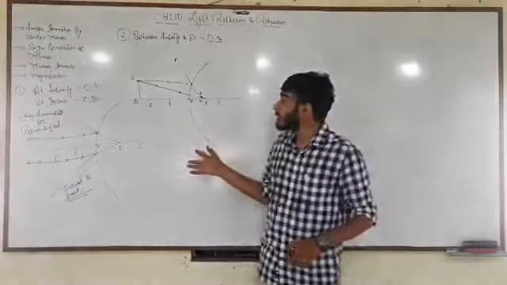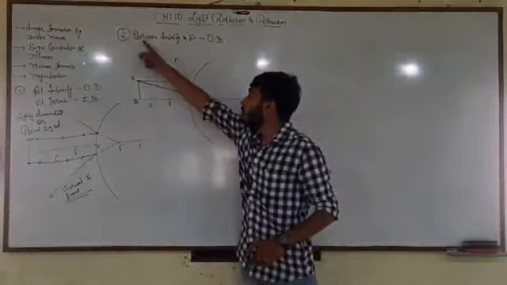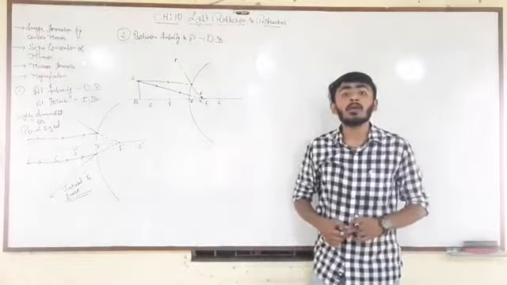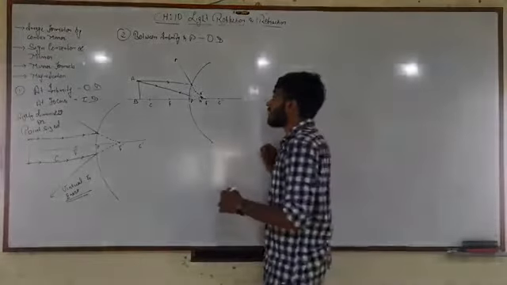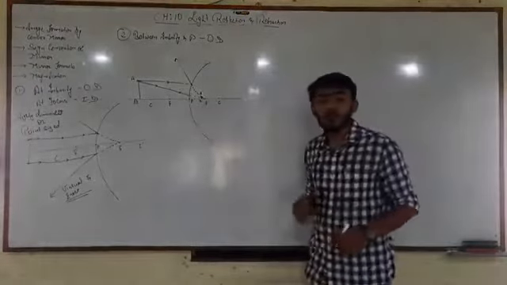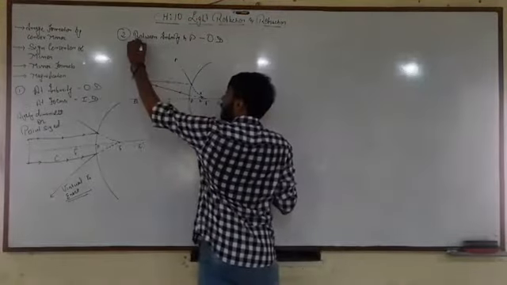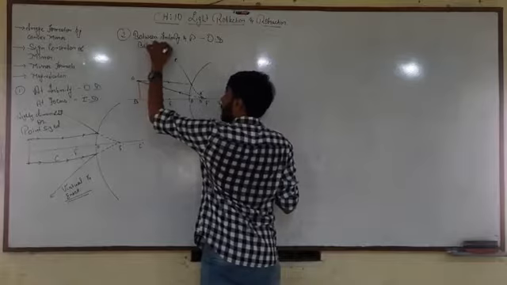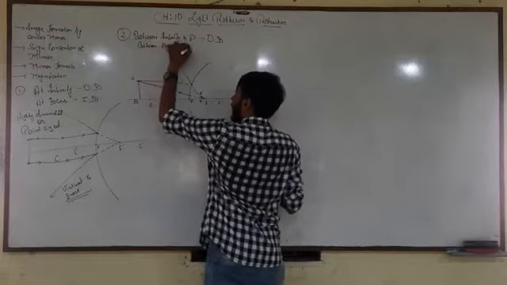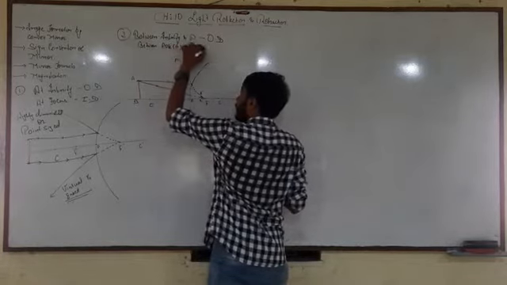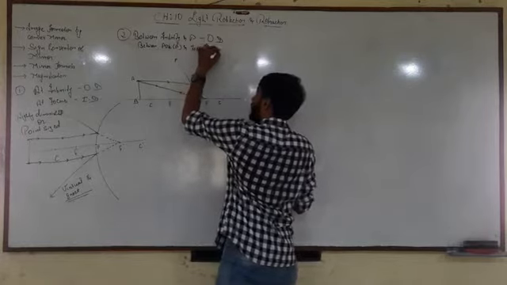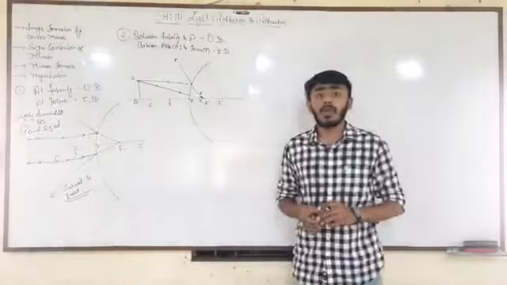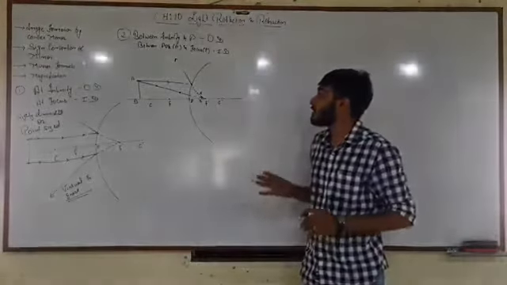So students, over here you can see that if the object distance was between infinity and pole P, the image distance will be between pole P and focus F, and that is said to be the image distance. I hope you are clear with this.